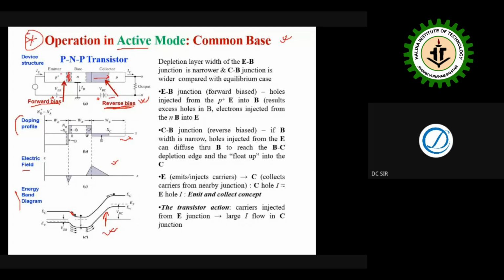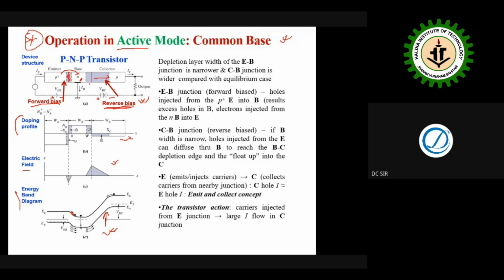So holes move from the emitter to base. So the number of holes is very large. Some holes recombine with the majority carrier electrons in this region. Maximum carrier holes are accumulated in the base.